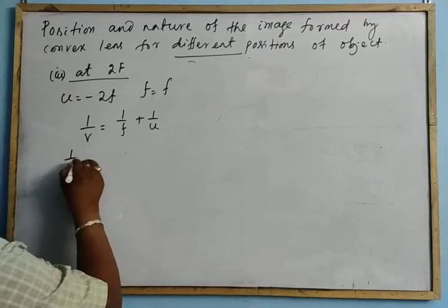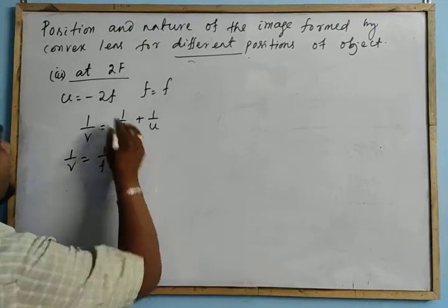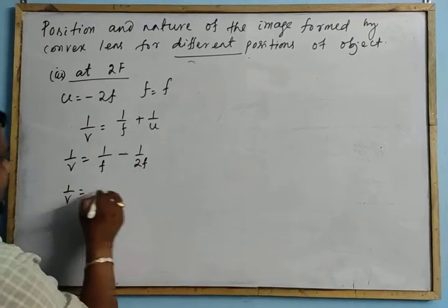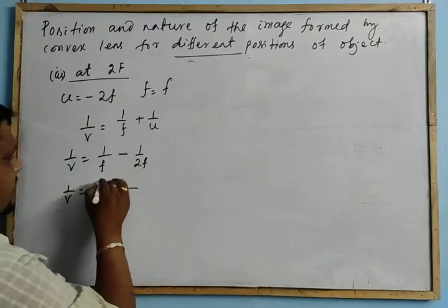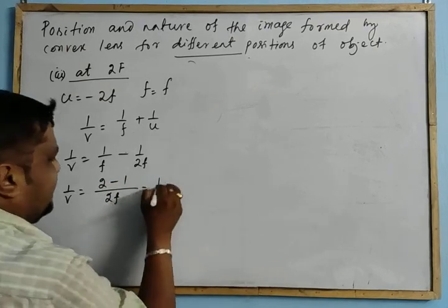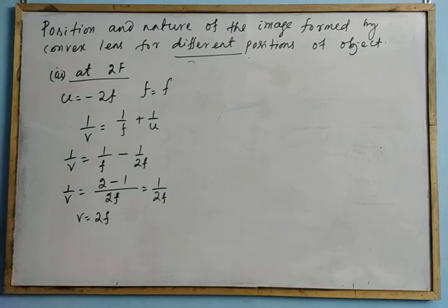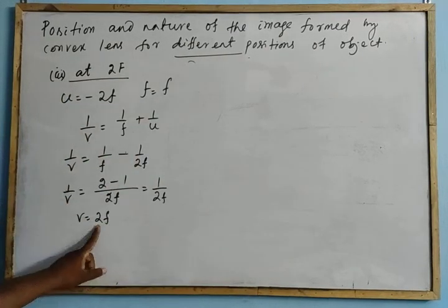So 1 by v is equal to 1 by f minus 1 by 2f, which is 2 minus 1, that is equal to 1 by 2f. So v is equal to 2f. Object is at 2f on one side, image will be on the other side. It is plus, it is minus.